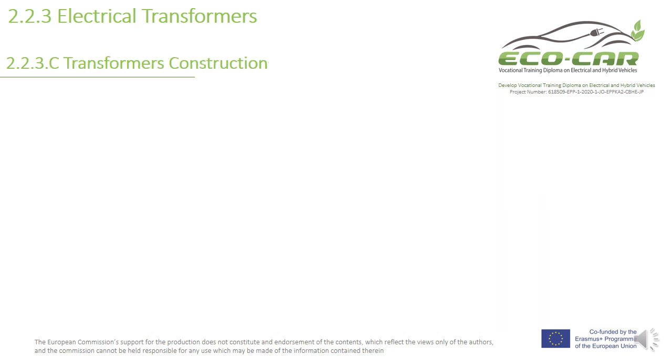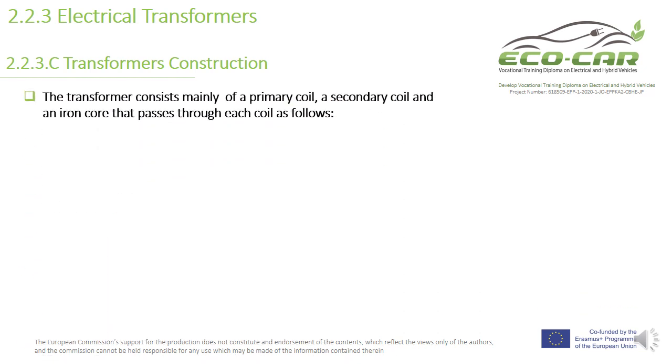Transformer construction. The transformer consists mainly of a primary coil, as we said in the last slide, a secondary coil, and an iron core that passes through each coil as follows.